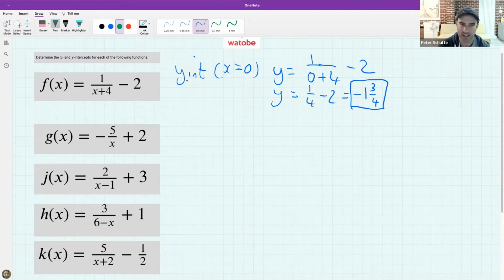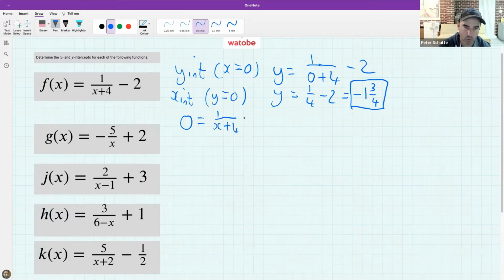Notice how I used the same rule that I use for all functions. Now to find the x-intercept, and they aren't always intercepts, sometimes there aren't any, and you'll see that in a moment, but we make y naught. So we then go 0 equals 1 over x plus 4 minus 2.